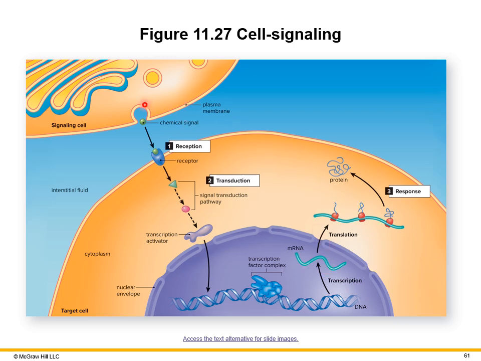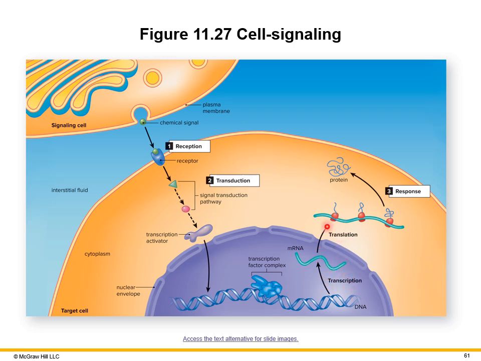So we can see how everything started right here with the chemical signal binding to the receptor, producing a kind of signaling cascade or internal signal, a passing along of the message, which eventually increased the level of transcription.